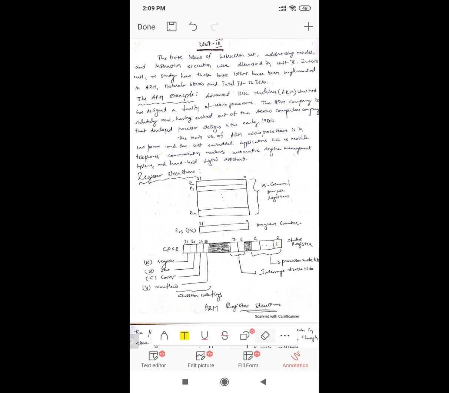And in our examination, the examiner asks the questions directly: explain about addressing modes, explain about input-output operations, or explain about branch instructions. It is not mentioned clearly as the ARM processor, but we have to write about the branch instructions for the ARM processor.